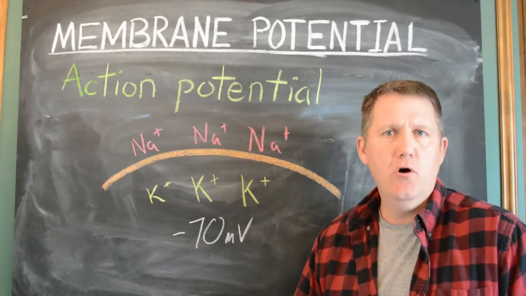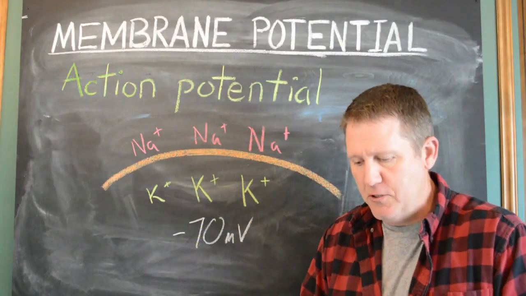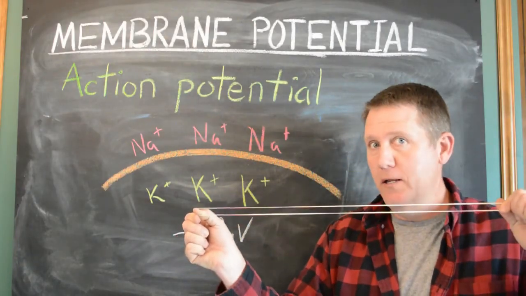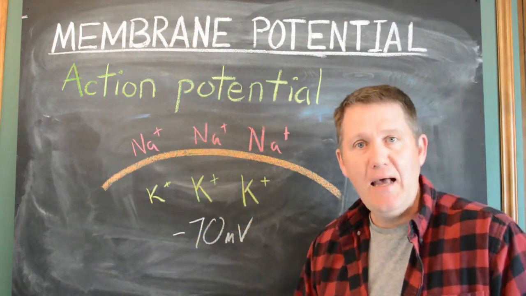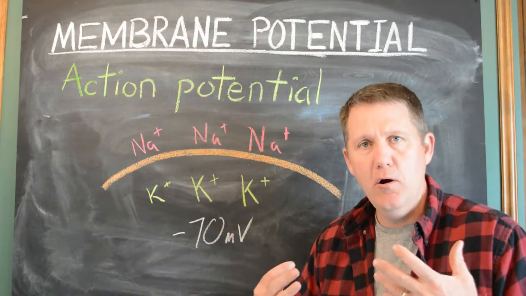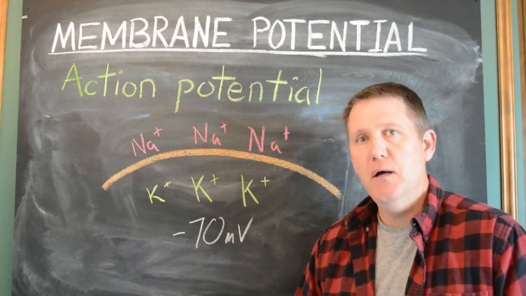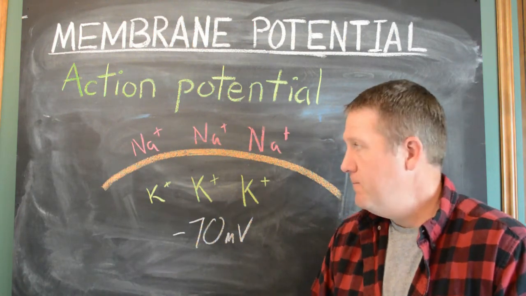So why would a cell go to all that work? Well, to be ready for action. Again, kind of like the rubber band. Ready, go. Quick action. And I've alluded to the action potential before, how our nerves communicate and muscles contract quickly.